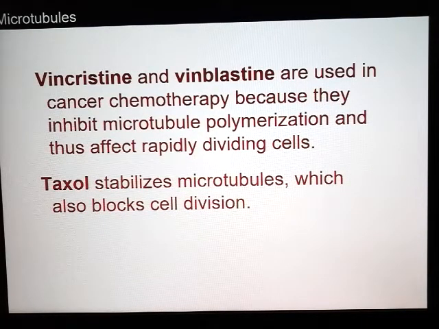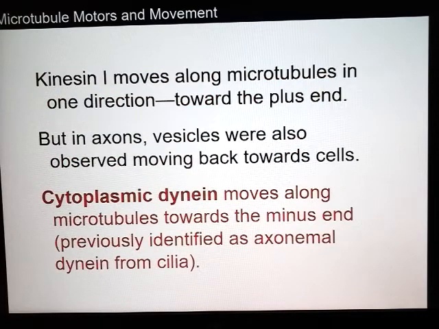Vincristine and vinblastine are also cancer chemotherapies because they inhibit microtubule polymerization, and that affects rapidly dividing cells. Taxol is the last one, which will actually stabilize the microtubules, and that will block cell division.